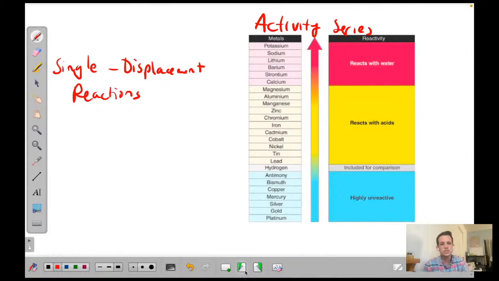This is telling you which are the most attractive or most reactive elements. So the ones at the top, potassium, sodium, lithium, you're seeing a little bit of a pattern. Our alkali metals, and then our alkaline earth metals are some of the most reactive substances. And that means that they are going to kick out another cation that is there, and they're going to be the ones making that ionic bond.